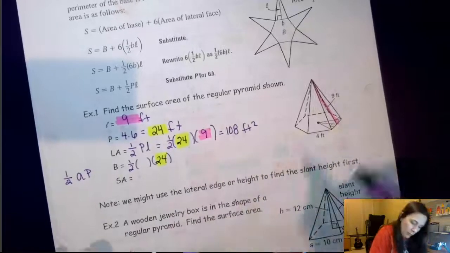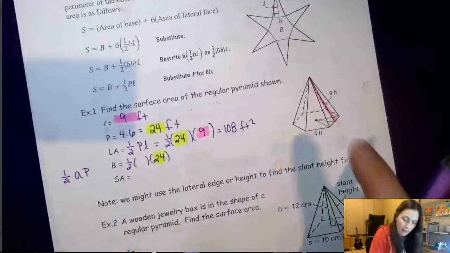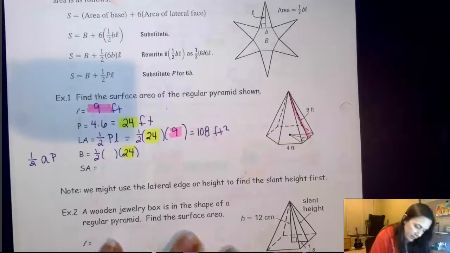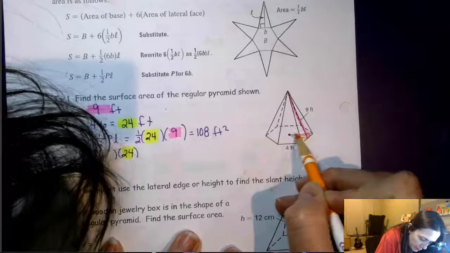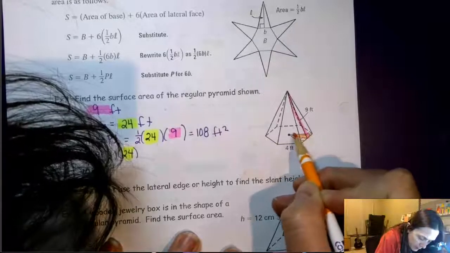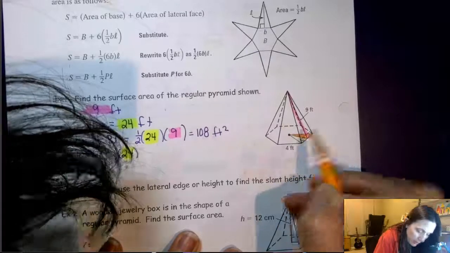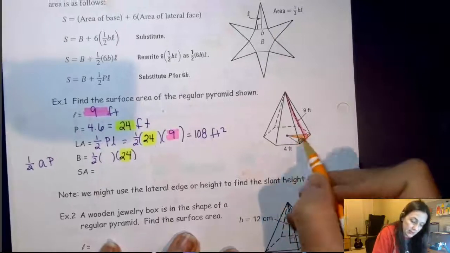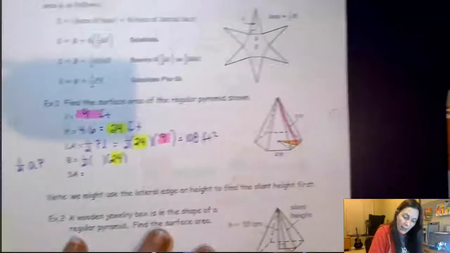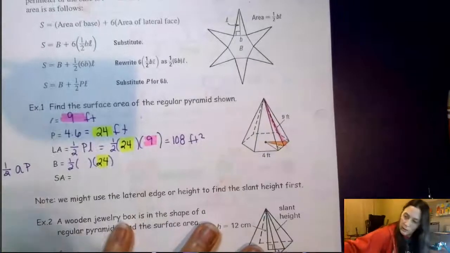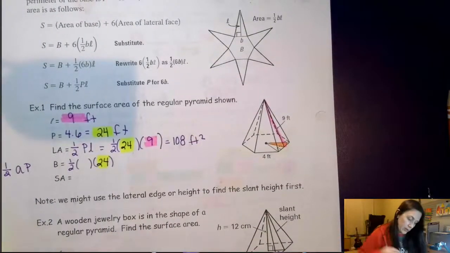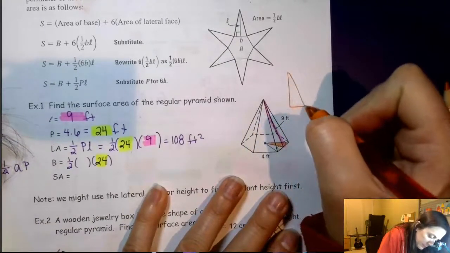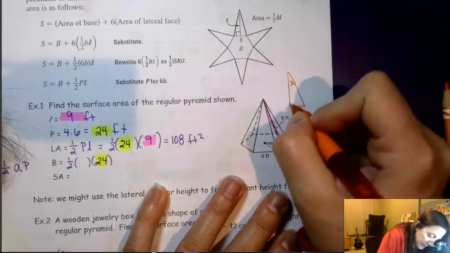And the apothem, well, if this is 4 and this is a hexagon, every single time it works out the same way. So I am looking for this piece, this triangle right in here. So remember that when you have this triangle, the whole triangle is going to be a 60, 60, 60. I want half of it, so that half triangle right here is going to be, I'll do it in orange so it matches, a 30, 60, 90.